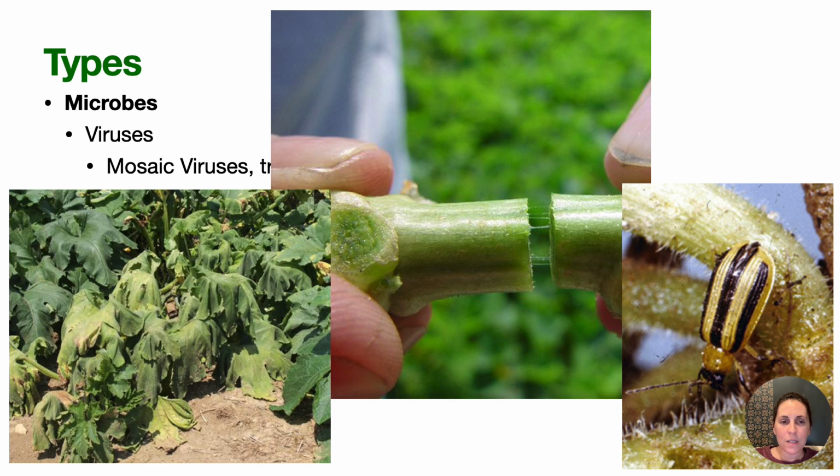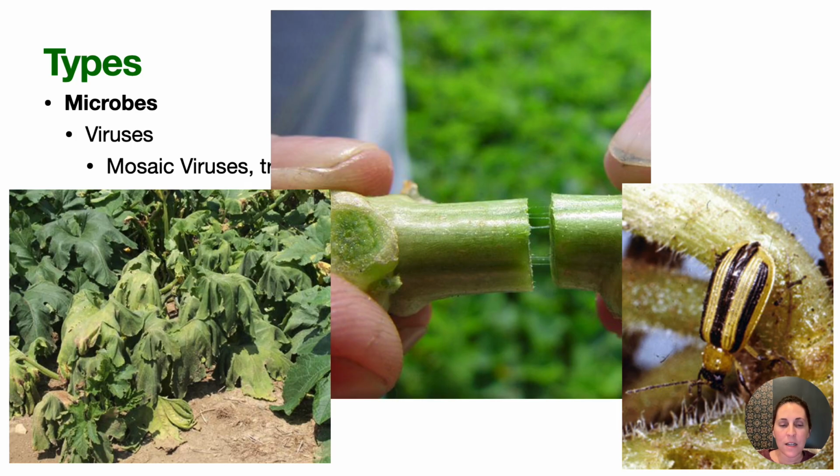Now if you were to slice that stem open, stick those stems together and then pull it apart, what you'll find, in that middle picture there, is that there are some strings, and that is actually the bacteria. The stringing is what it's called. It's apparent in a stem that's infected with bacterial wilt.